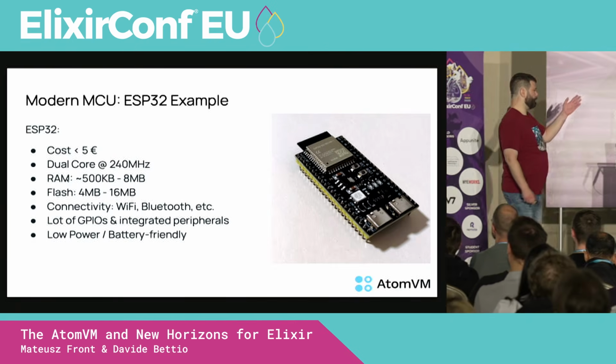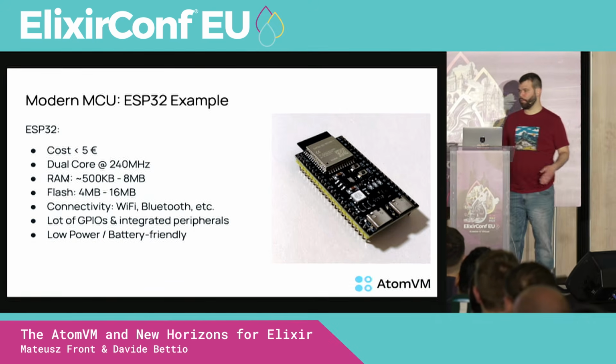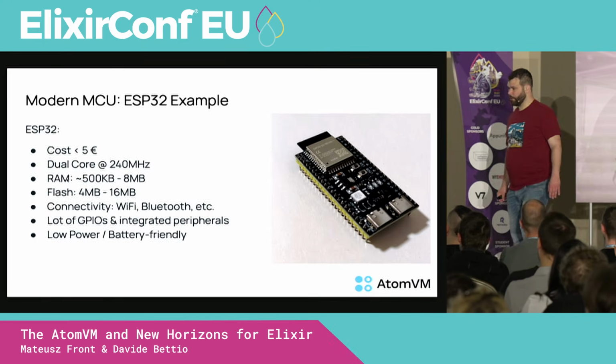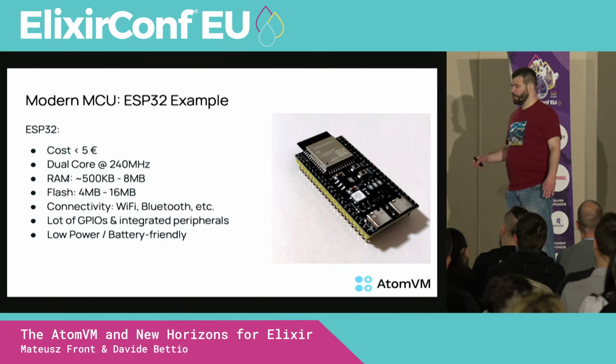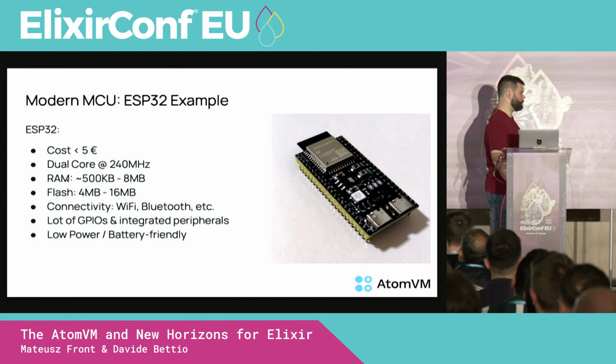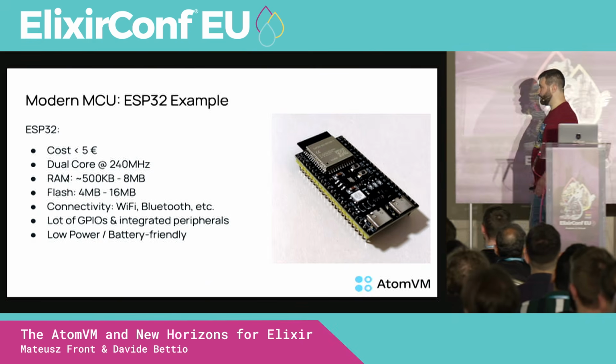As I mentioned, the most interesting thing here is that there are a lot of connectivity options built in. They also improved all the GPIO stuff. And still, this solution can run on battery. It can be very, very low power.